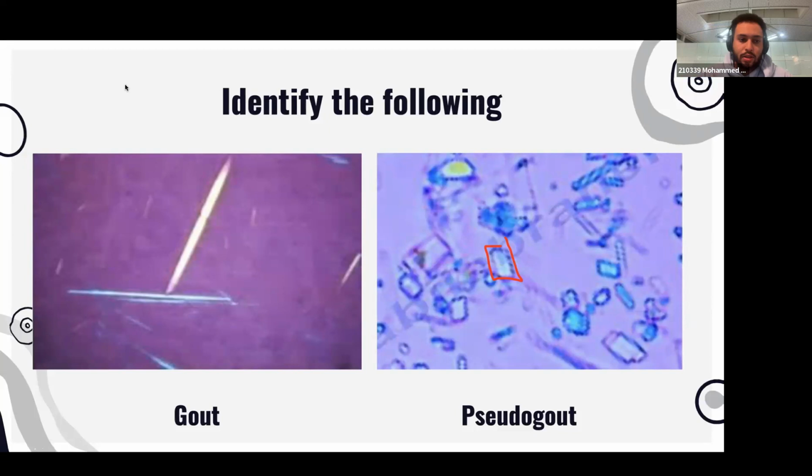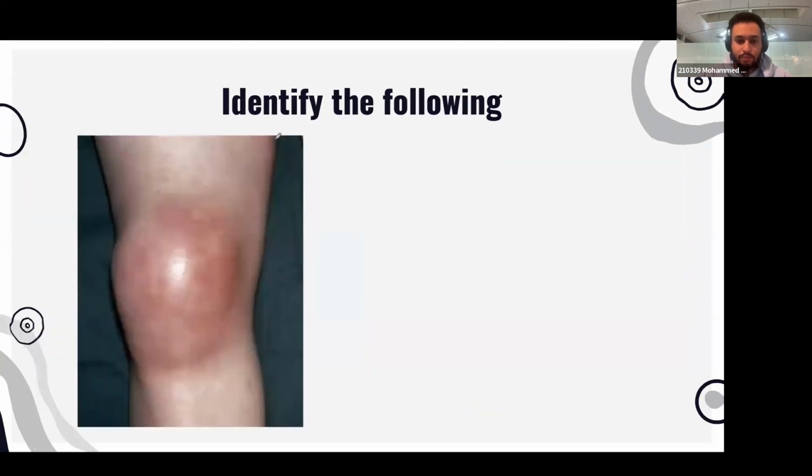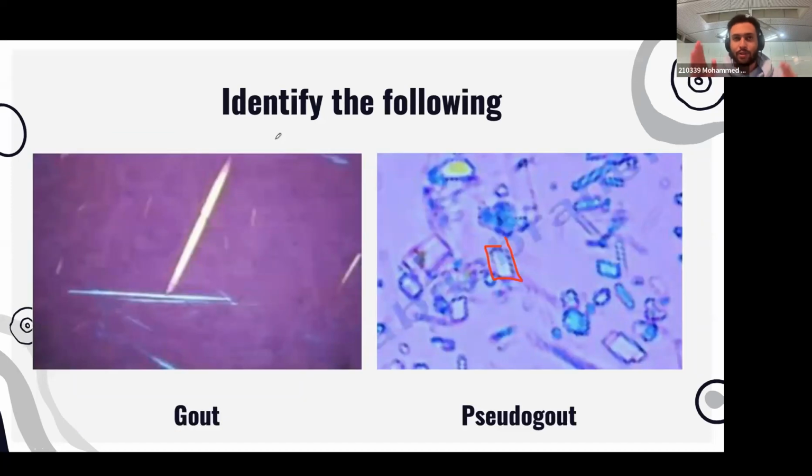Okay, so pseudogout usually is in more elderly patients. Birefringence is the color. Usually positive birefringence is blue, I believe. So if it's yellow, it's negatively birefringent.